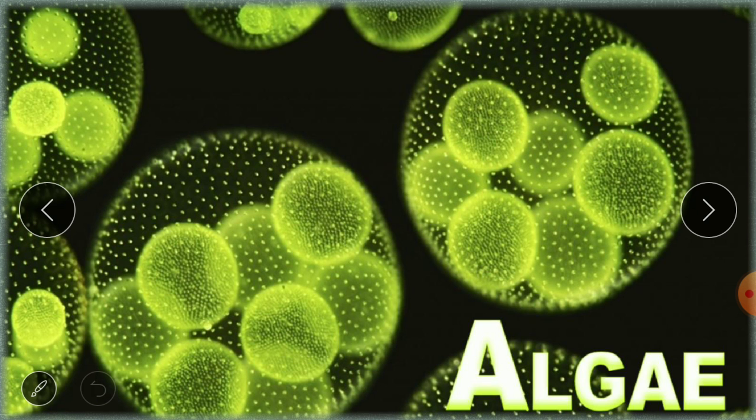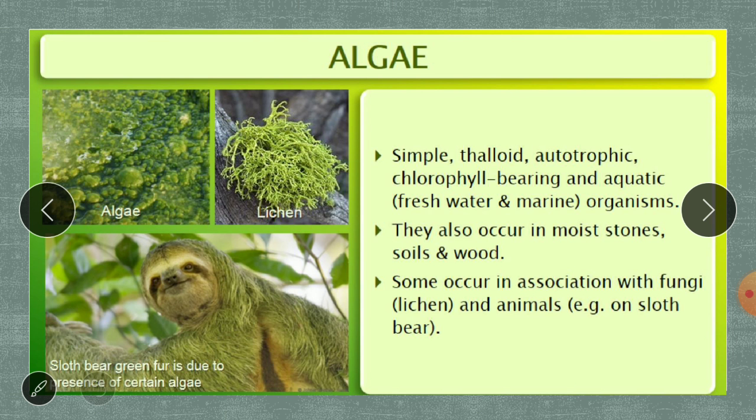So the first one in the plant kingdom, that is algae, let us study. Coming to the general characters of the algae, they are very simple, thalloid, autotrophic, chlorophyll bearing and aquatic organisms. Here they are simple.